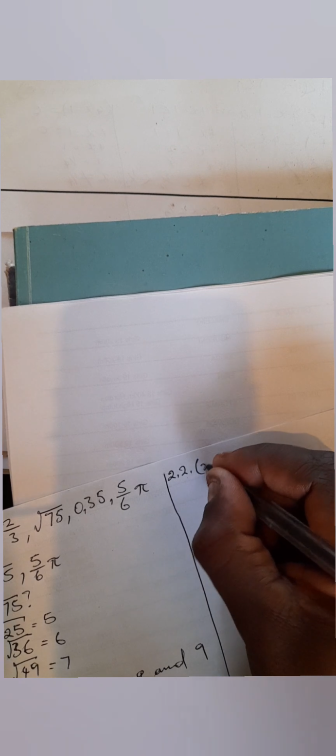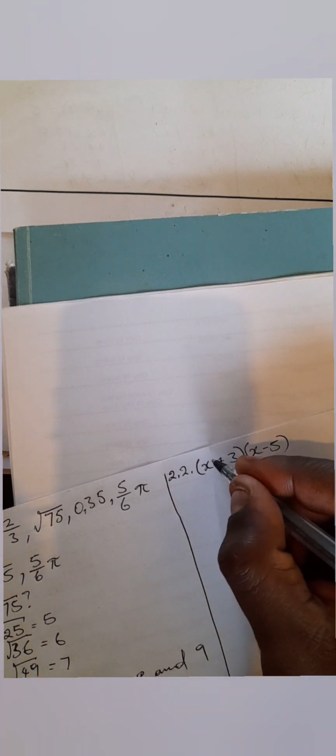2.2 says in brackets x plus 3, and x minus 5. They say determine the product of the following and simplify where possible. So we do the FOIL method.